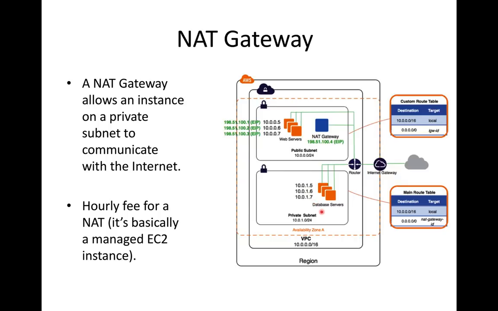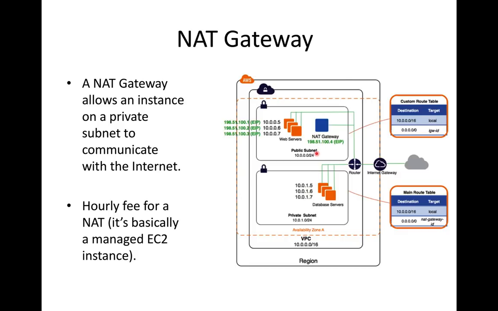Well, in order for these private EC2 instances to communicate with devices out on the internet, they need a little help. They need to send traffic out to the internet through a device called a NAT gateway. NAT stands for Network Address Translation.